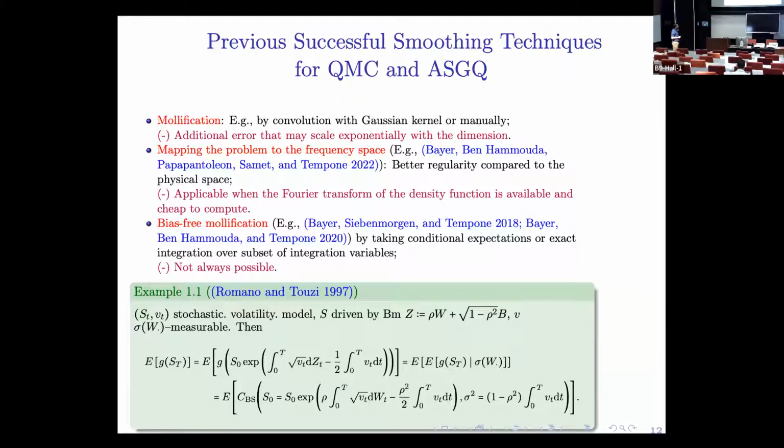I should note that these kinds of methods are subject to having access to the Fourier transform of the density function, or the characteristic function, and that they are cheap to compute.